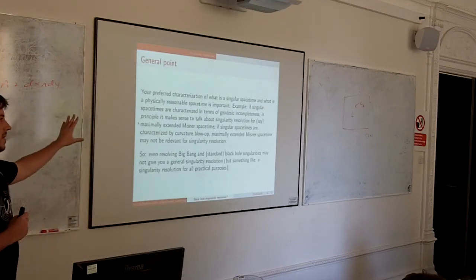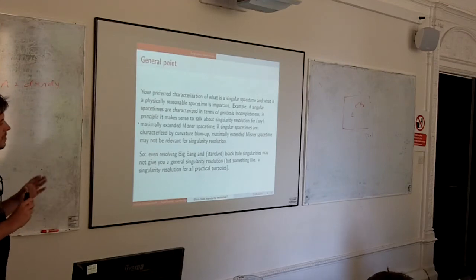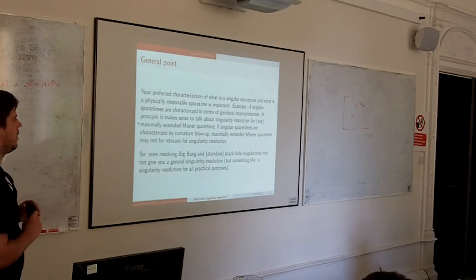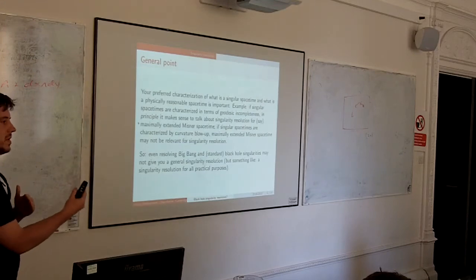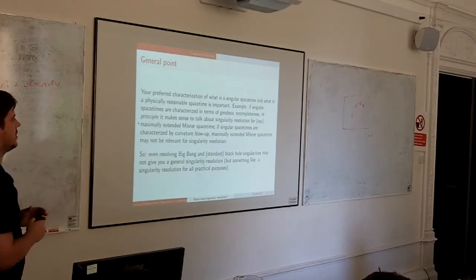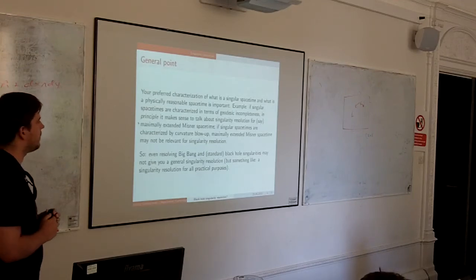There's a general philosophical point I would like to make here, and it's the following. What is your favorite characterization of what it means for a spacetime to be singular, and what you take to be a physically reasonable spacetime, is really important in the context of these sorts of considerations. So here's an example. Assume that singular spacetimes are characterized in terms of geodesic incompleteness. Not blow up, but geodesic incompleteness.